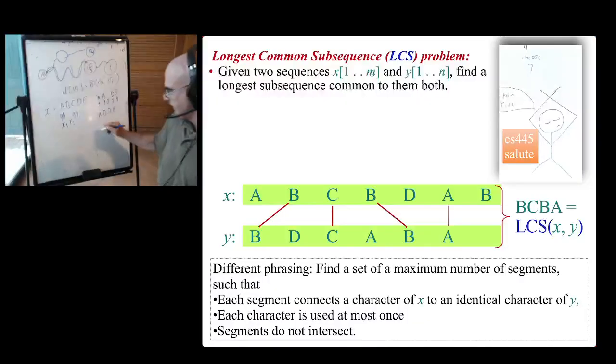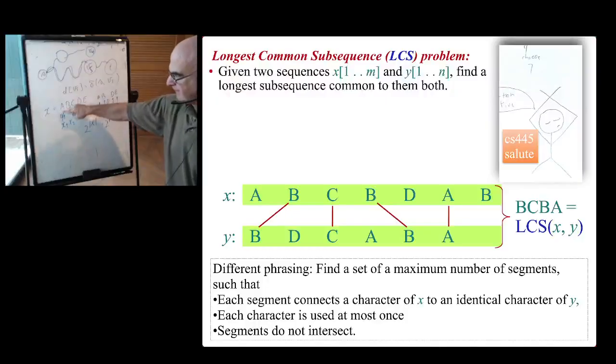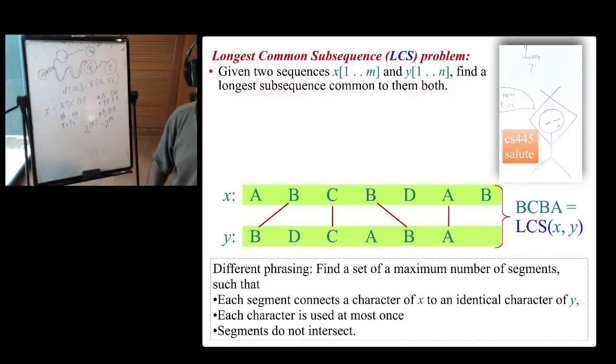So how many subsequences can I generate? Well, 2 to the length of X. If X is of length m, that is 2 to the m subsequences, because each such subsequence is generated by just keeping a flag for each character: delete it or don't delete it.